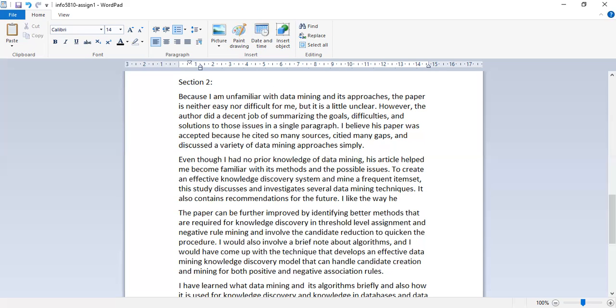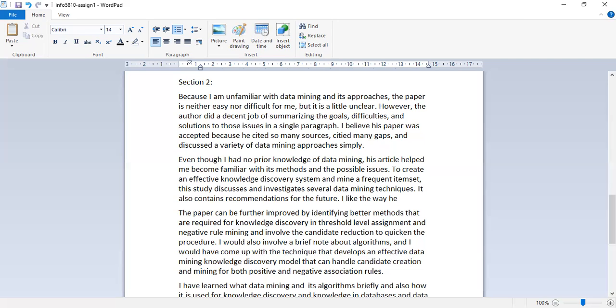I also believe his paper was accepted because he has cited so many sources, and because of the way he looked at the work and found all the gaps. Also, after reading a single paragraph on each publication, one can get interested in reading the whole paper. So I think that is the reason why his paper has been published.